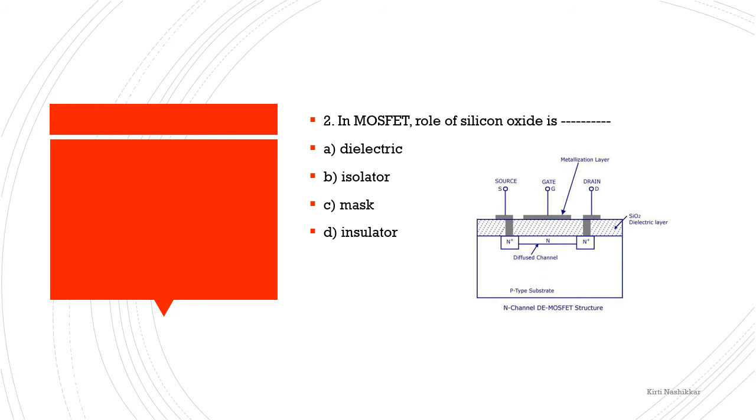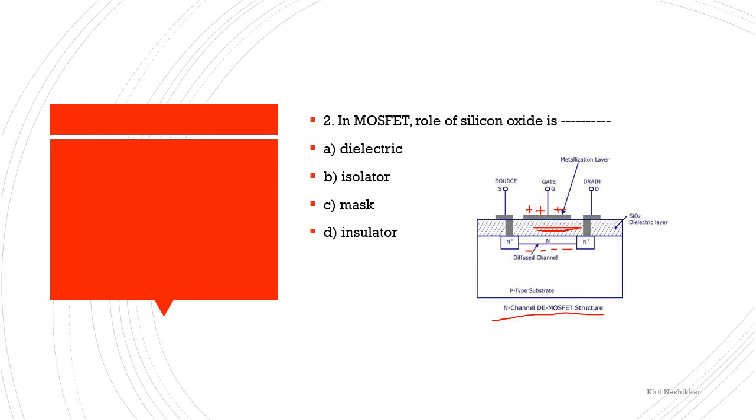In MOSFET, role of silicon dioxide is, so here this is the construction of n channel D MOSFET. Here we are using the SiO2 layer between the n channel, which is having the negative electrons, and the gate, which is having the positive charge on it.